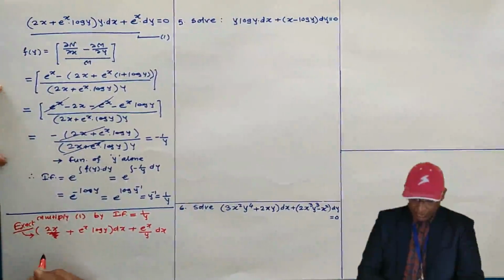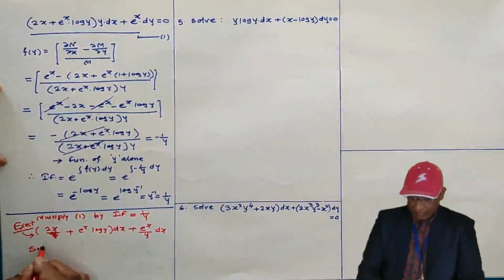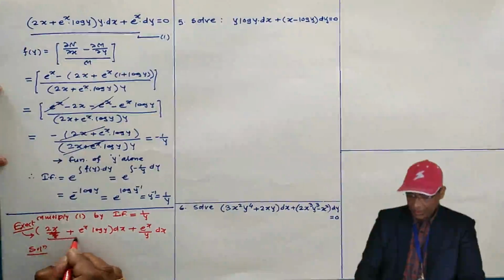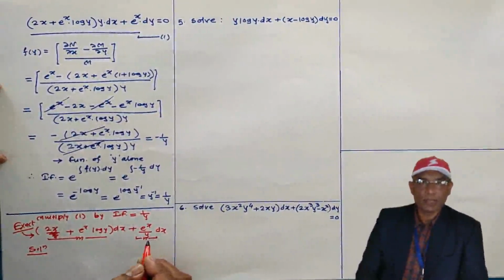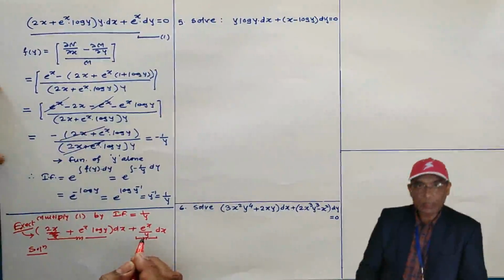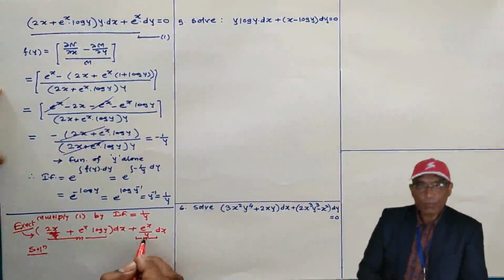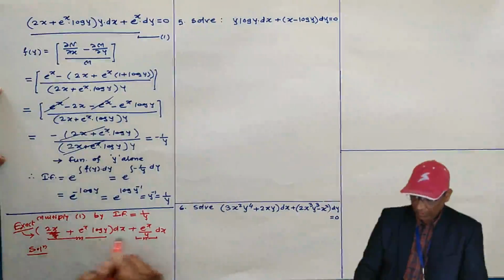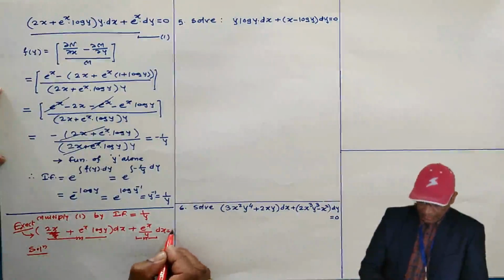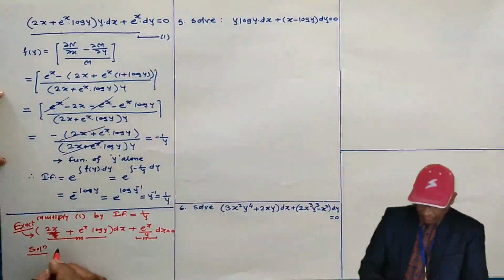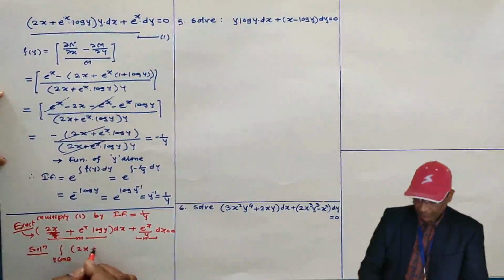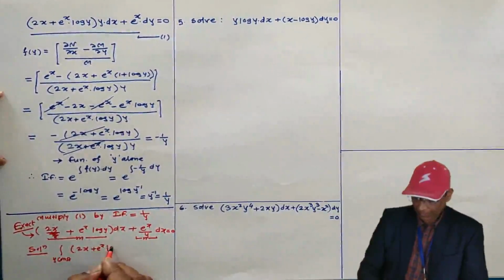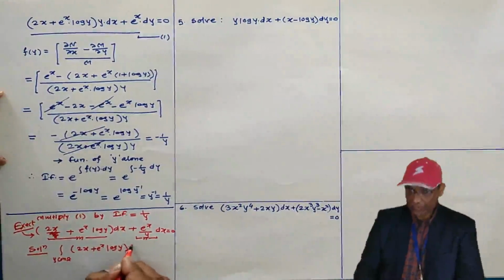And how to find out the solution? This is small m now. This is small n. When you find the solution of an exact differential equation, m and n you have to select from the exact differential equation. The integral of m dx, what is m? 2x plus e power x log y, and the terms in n which are free from x.